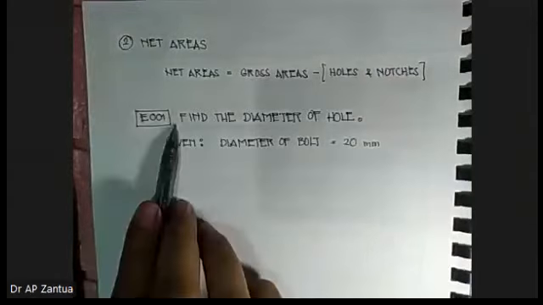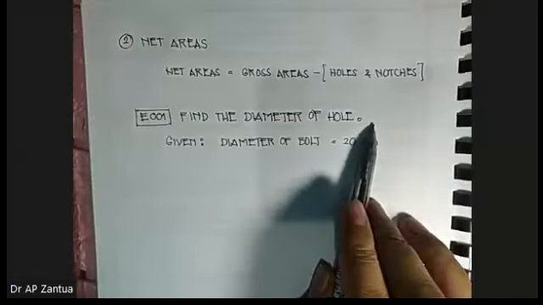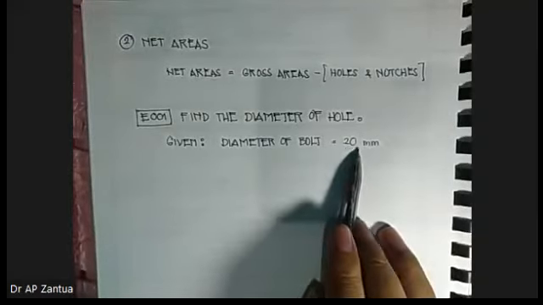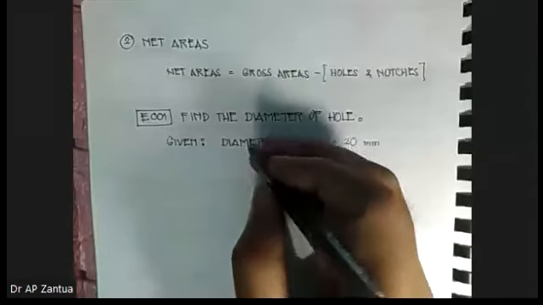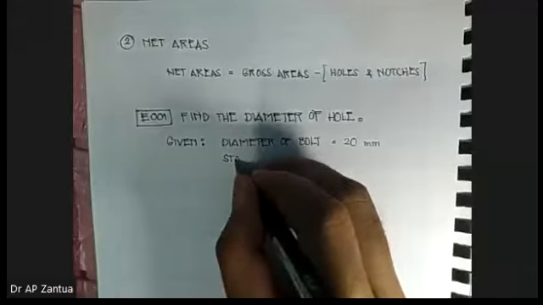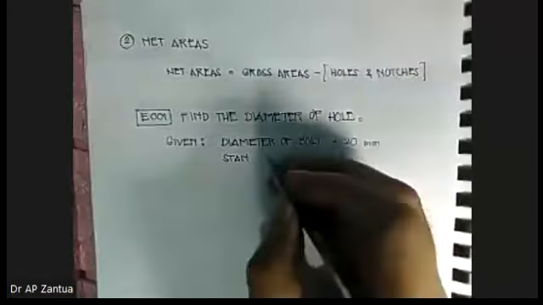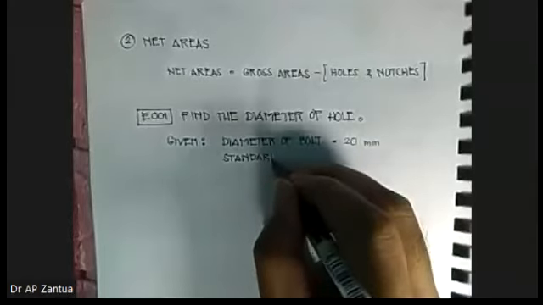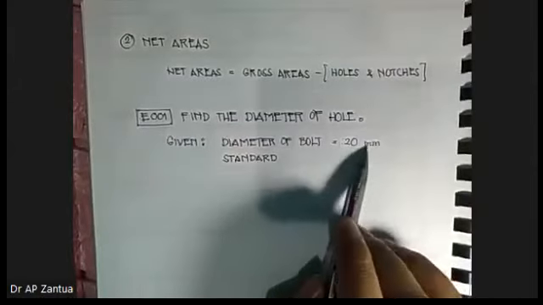Example 001. Find the diameter of hole. What are the given? Diameter of bolt given is 20 mm. When we talk of diameter of bolt, that is what we call nominal diameter, 20 mm.